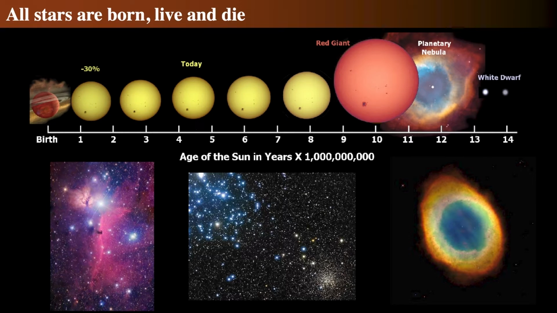And then in the middle picture, we've got a globular cluster in the lower right and a beautiful open cluster in the upper left, which is the remnant of a new batch of stars. And over on the right is the Ring Nebula, which is a planetary nebula surrounding a tiny, tiny white dwarf star that illuminates it and causes it to glow by ionizing. But that's a story for stars like the Sun that live about 11 or 12 billion years.